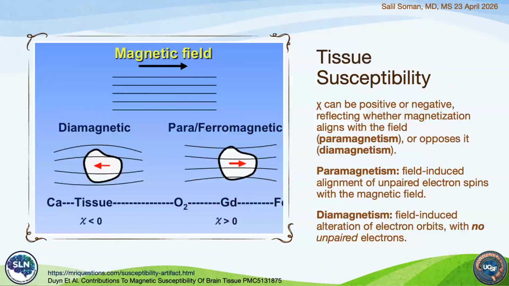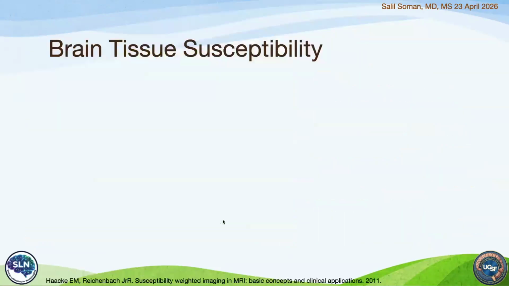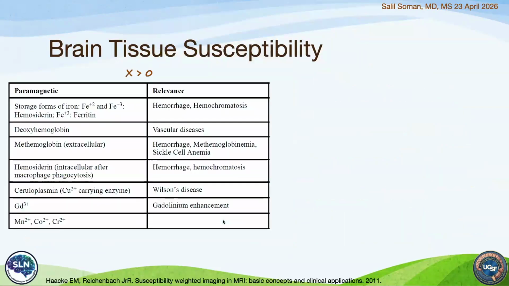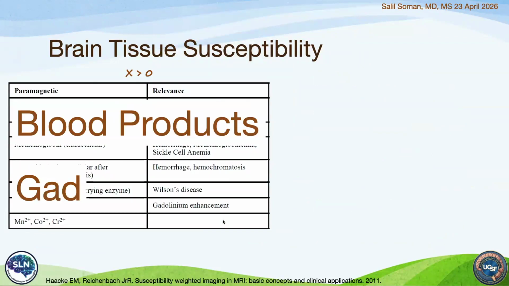For susceptibility, we talk about things as being diamagnetic or paramagnetic, and it's really trying to reflect the electron state, whether you have paired or unpaired electrons for the molecules that you care about. In terms of susceptibility, you have positive things that are paramagnetic, but really the big ones are blood products and gadolinium. There are a number of others.